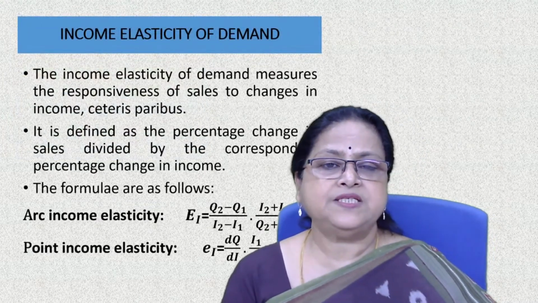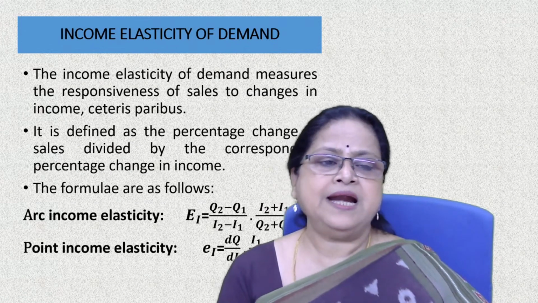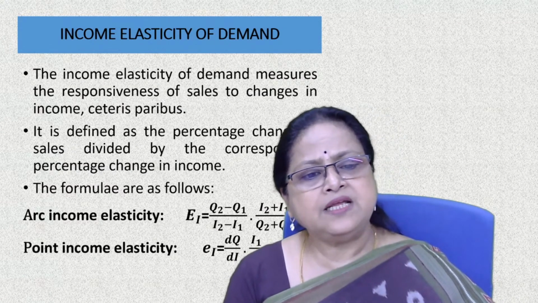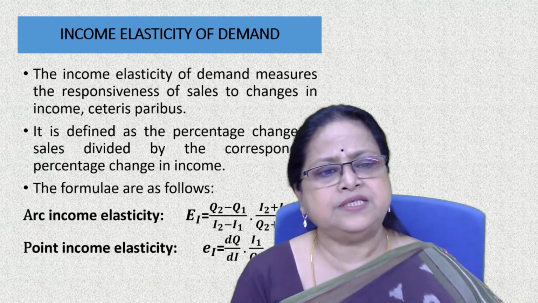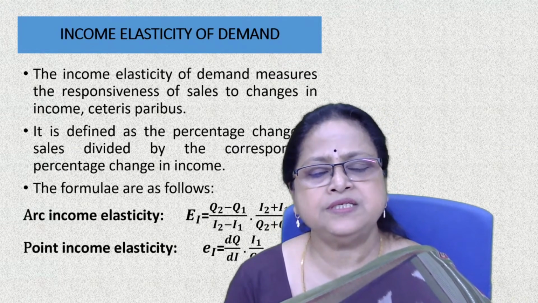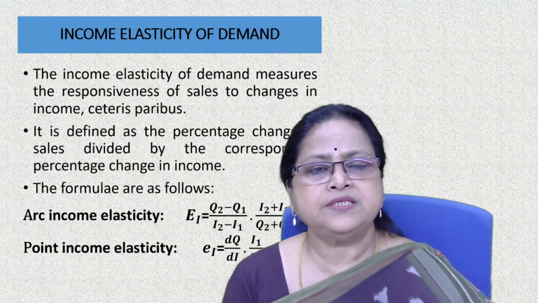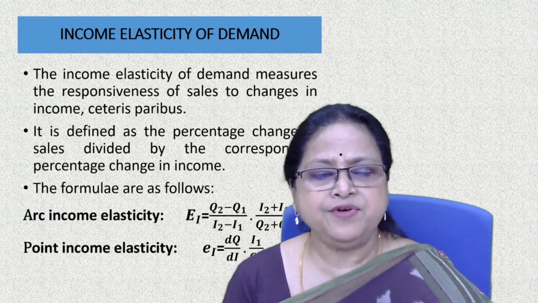Now, income elasticity of demand. Again, here we'll discuss arc income elasticity and point income elasticity. The calculation of arc income elasticity is just like that of price elasticity, the only difference being that instead of P for price, we are inserting I. I stands for income.